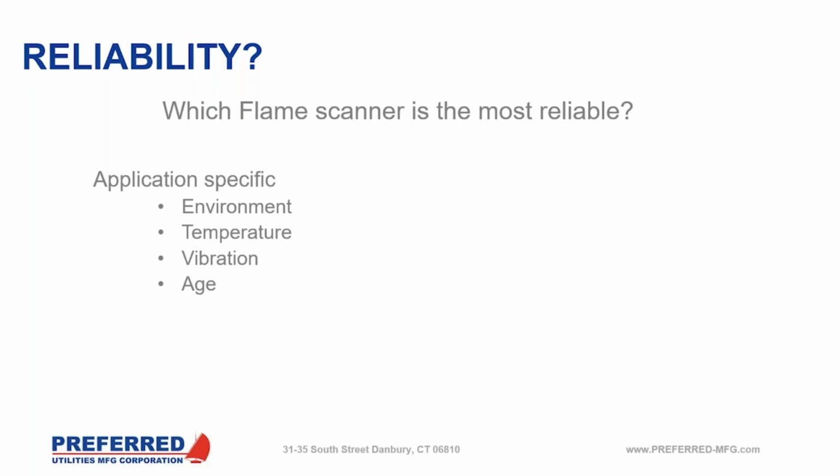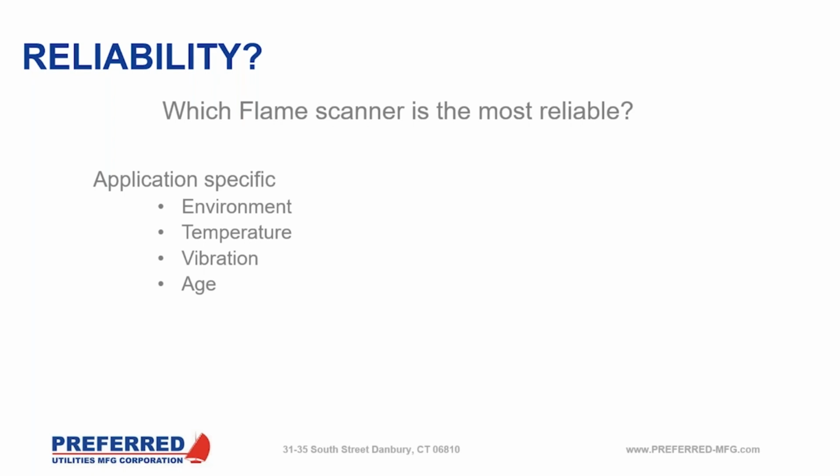For instance, temperature in particular. You can buy heat insulators. You can buy, for instance, unions, in particular unions that have quartz windows, so you can prevent a lot of that heat from getting back to that flame scanner, which will increase its life. And obviously with vibration, if it's really bad and can't be prevented, fiber optics can come into play.